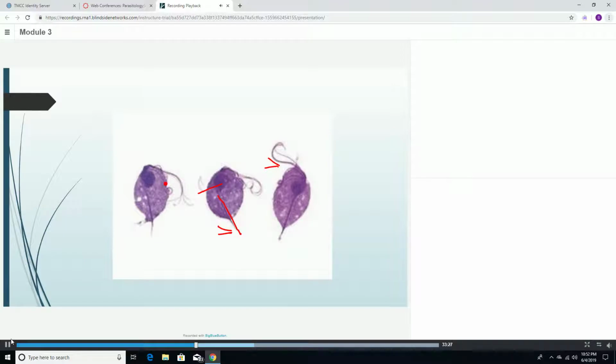And some of them have this undulating membrane on half the body, so you could see that a little bit more prevalently on this organism here. And then we have the costa. You're not going to get an image that looks as beautiful as this one whenever you're looking at Trick. Most of the time, you're just going to see a single-celled organism with flagella that are motile, and it's essentially just swimming around in urine samples.